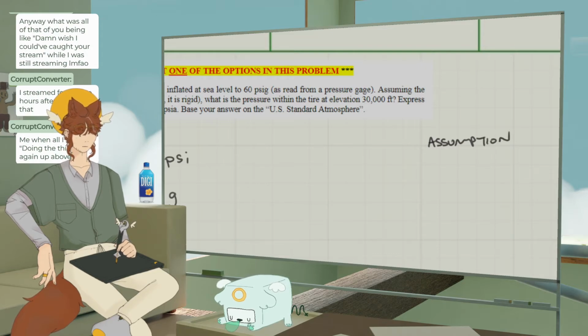How far up do you have to go to change the grav field? At what elevation does gravity change? It doesn't change non-negligibly. Only at 2,000 kilometers is there a slight change in gravitational acceleration. I'm just gonna say that the gravitational change is negligible.